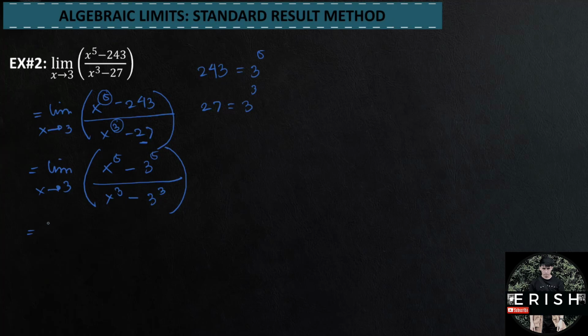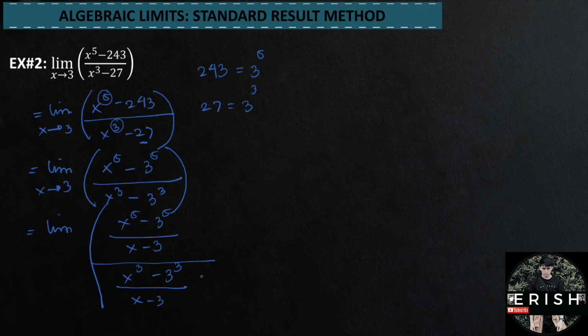So, ang gagawin natin is limit of x raised to 5 minus 3 raised to 5. Kailangan kamukha nung form natin kanina. Nilalagay natin sa denominator para magamitan natin ng standard result method ay x minus 3 over x cube minus 3 cube, lalagyan din natin ng x minus 3.